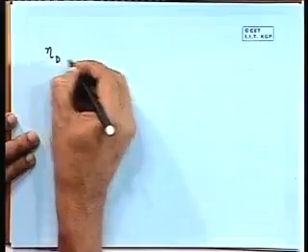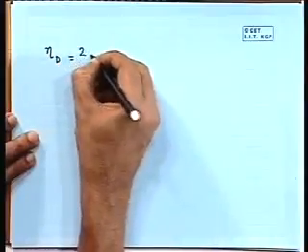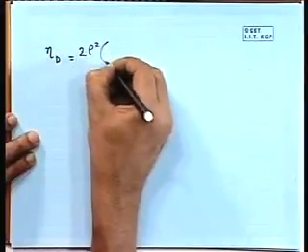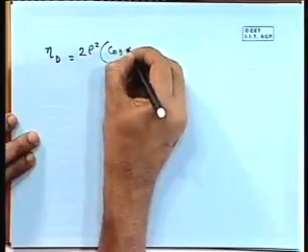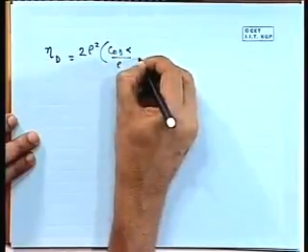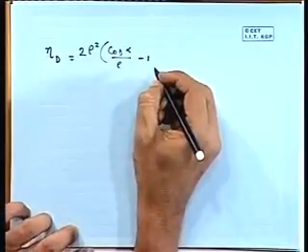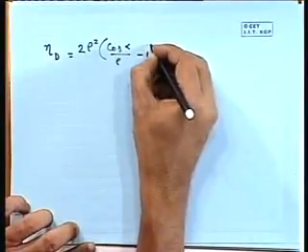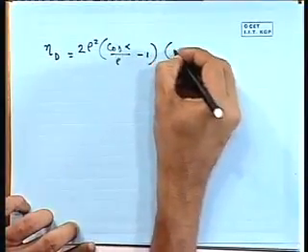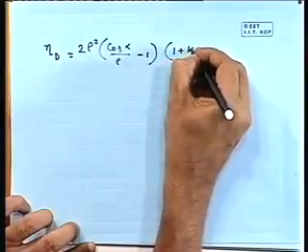So, just let me write it once again. Eta d is equal to twice rho square cos of alpha by rho minus 1, and this is 1 plus kb.